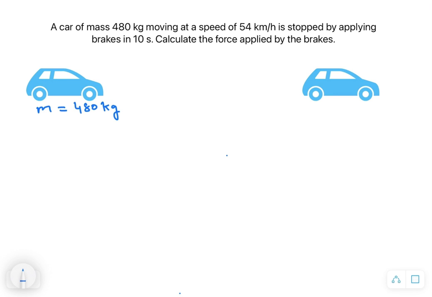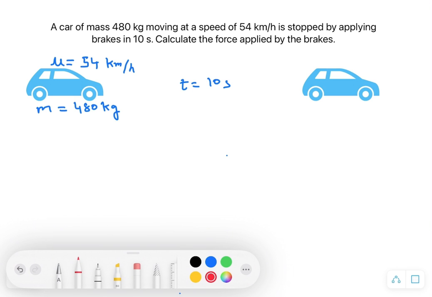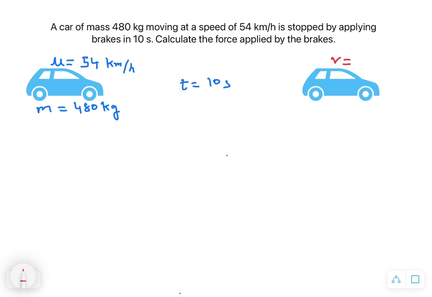It was moving at a speed of 54 kilometers per hour. So initial velocity u is 54 kilometers per hour. It came to a stop in 10 seconds. The final velocity is 0.